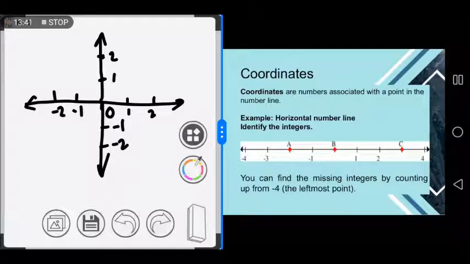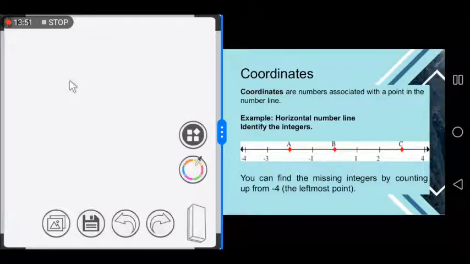So for now, let us focus on the coordinates on a single number line. Let's say our given, like the one on our slide, has points A, B, and C. Let us identify the coordinates of points A, B, and C. The coordinate of A will be equal to, let's look.